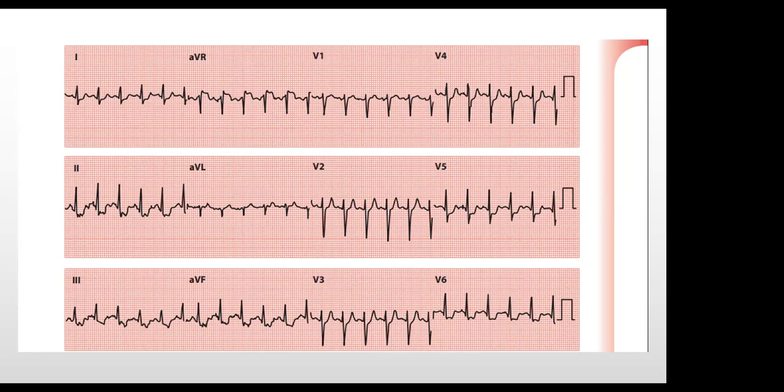There's a lot of electrophysiology discussion that involves a lot of classes, pictures, and practice. But I just keep it simple: once you see elevation in AVR, it suggests involvement of the left main. Okay. Thank you, sir.